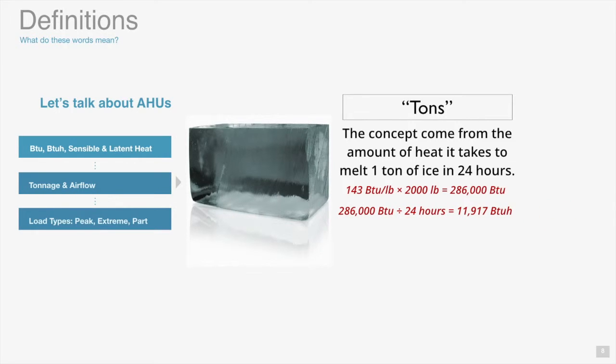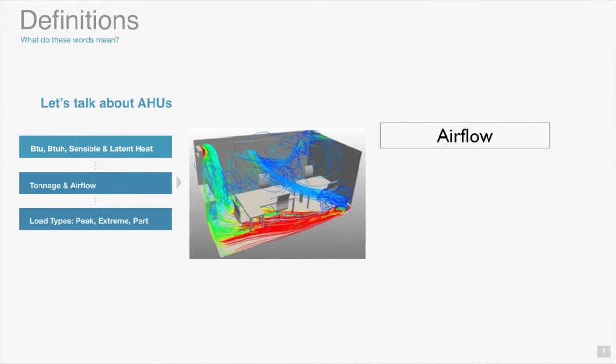Divide that by 24 hours, and like most everything we do in the air conditioning world, we like to round to nice even numbers to work with, and that's roughly 12,000 BTUs per hour, and that is where ton comes from.